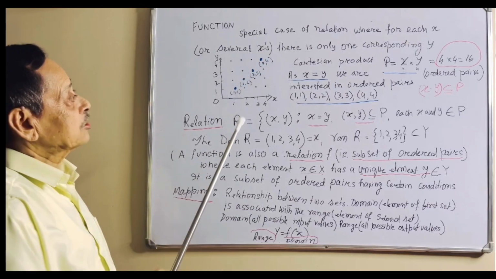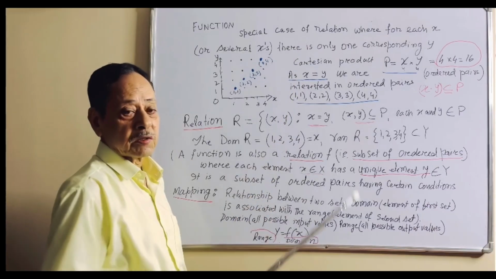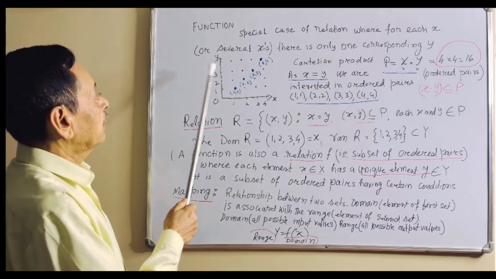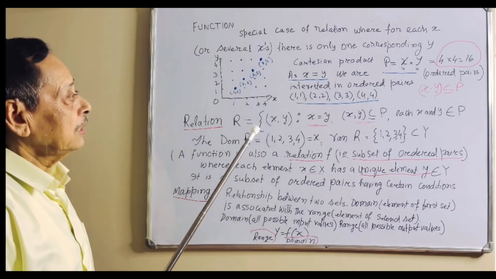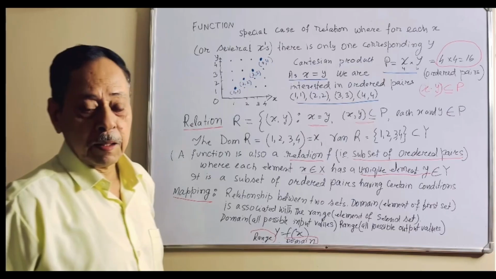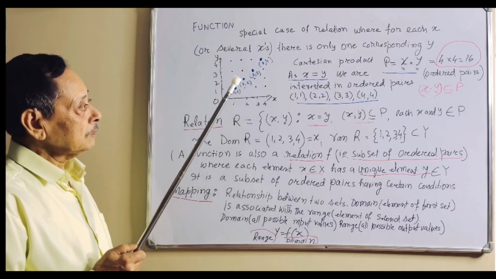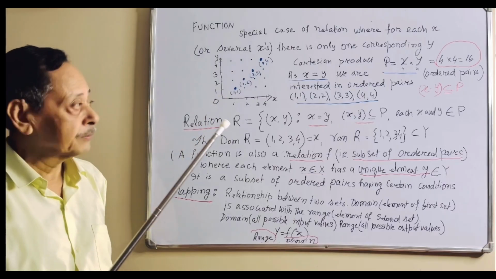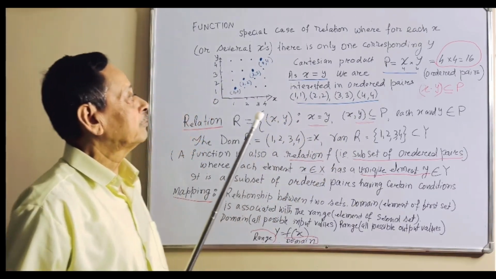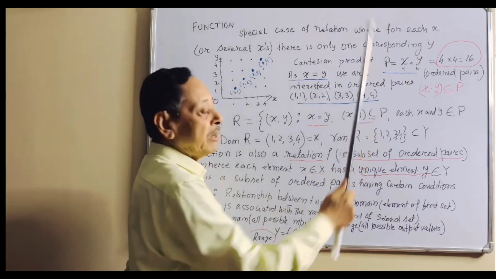It is a special case of relation. We have already come across relations where for each x or several x there is only one corresponding y. x is the domain and y is the range. So there will be a single value of y for a single x or many x.